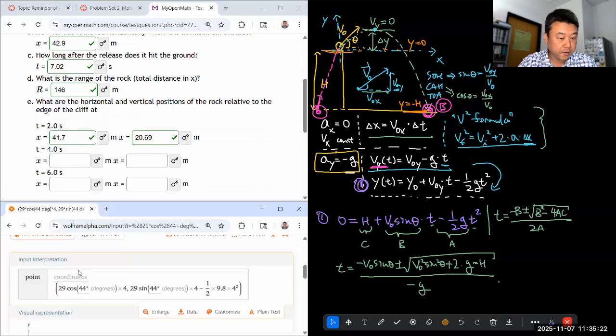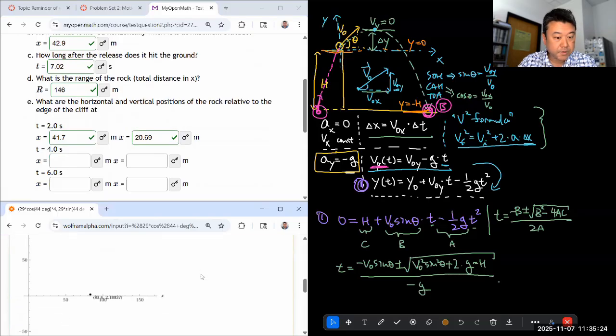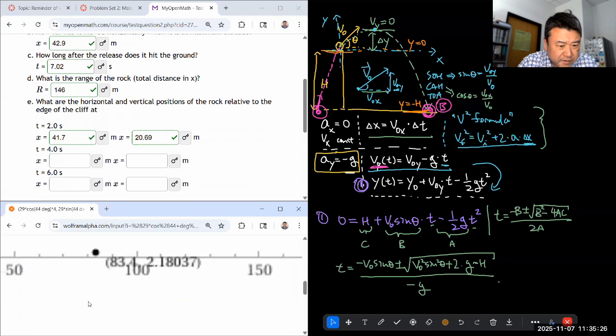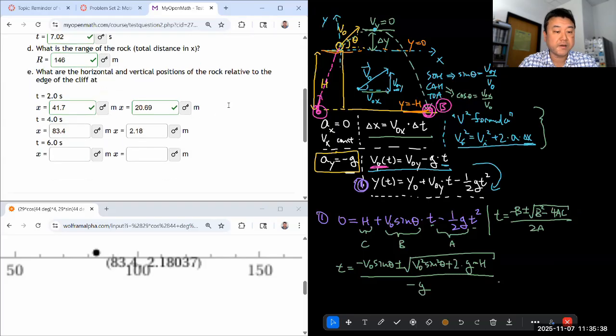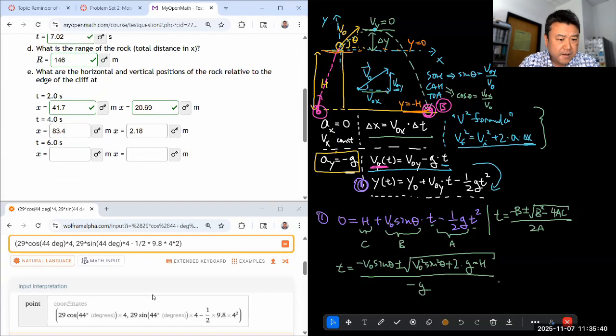And I get a coordinate, which is, hard to read, 83.4 and 2.18. Yeah, it's just level with the cliff, and after this I'll get negative answers, I think. Let's do that and submit them all.